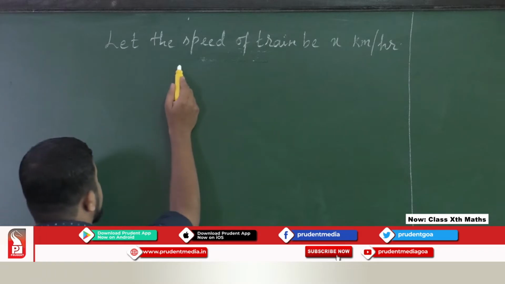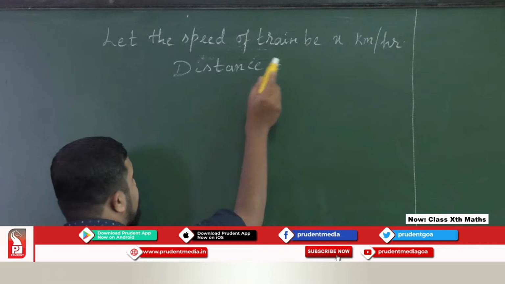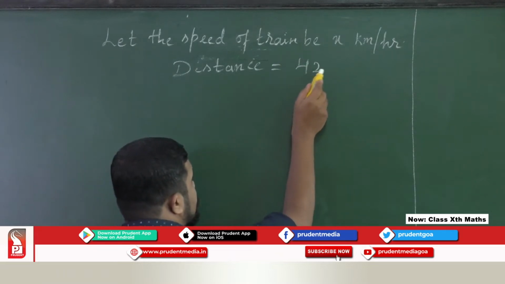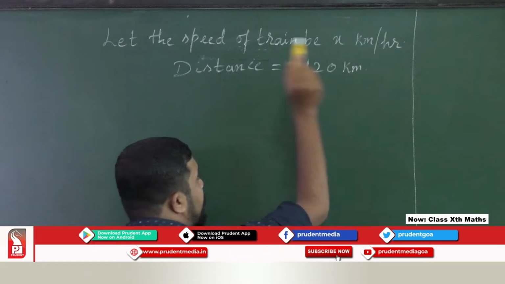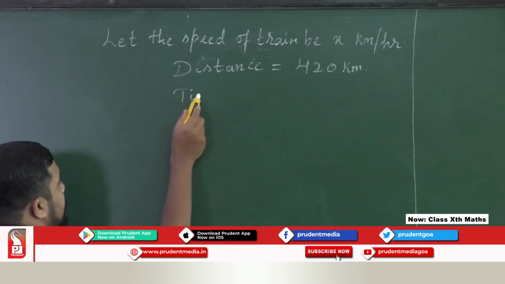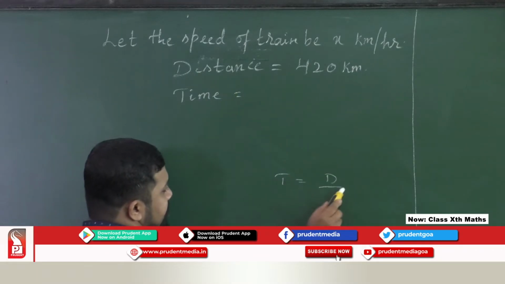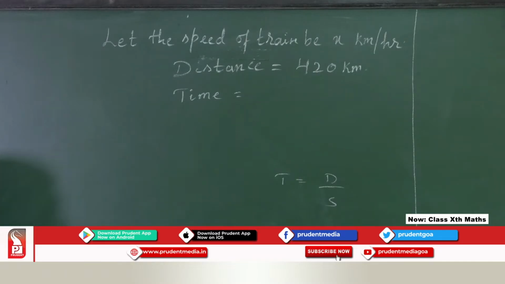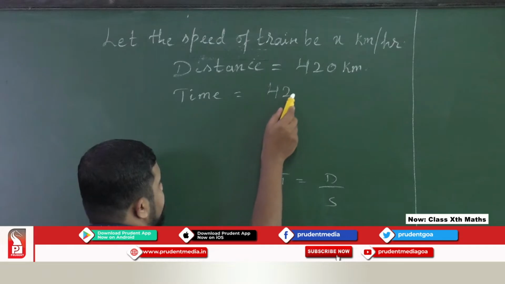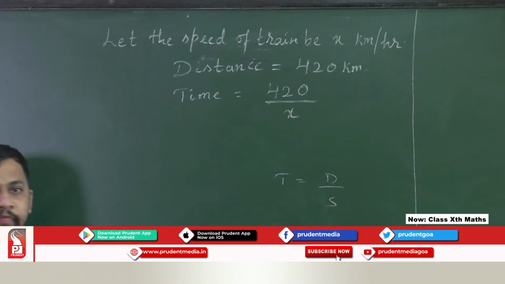Distance is given, 420 kilometer. Now I want the time, and we know from the previous slide that time is distance by speed. So distance 420 and speed x gives my first expression, 420 by x.